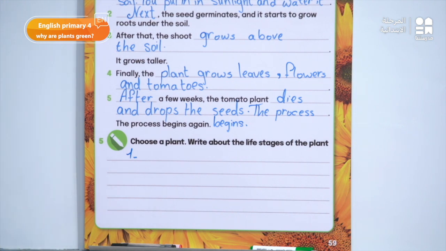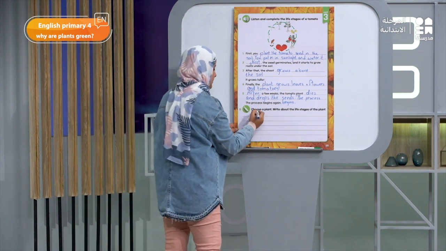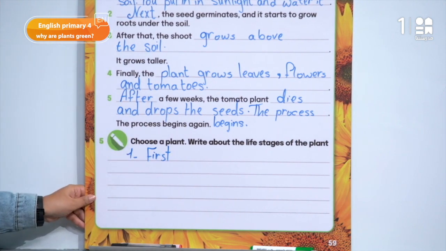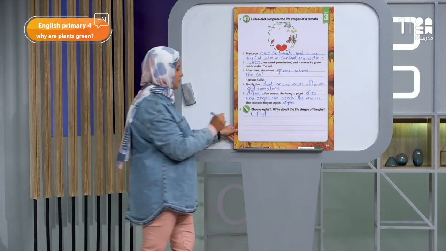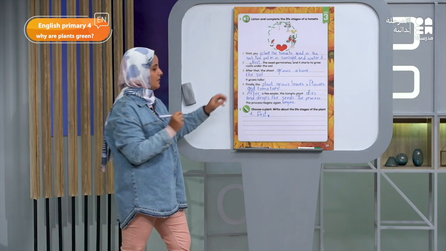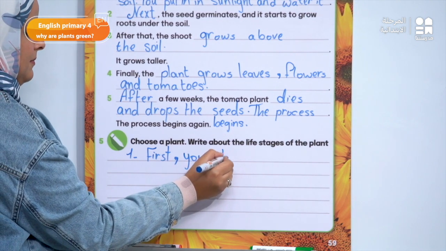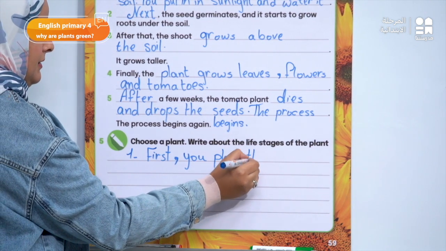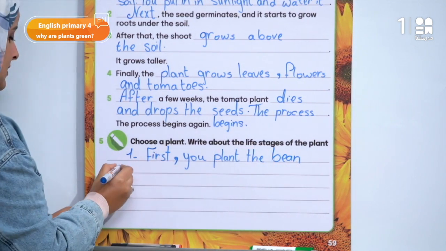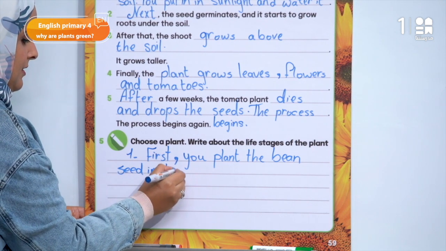The transition word. Very good. First. After I write first, what do I put? A comma. Bravo. First, you plant the bean seed in the soil.